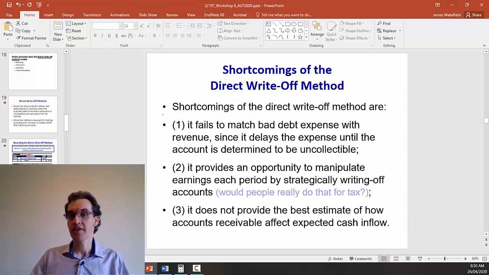As I mentioned, there are shortcomings of this method. It fails to match the expense with the revenue, which is why it's not acceptable under generally accepted accounting principles, GAAP for short.